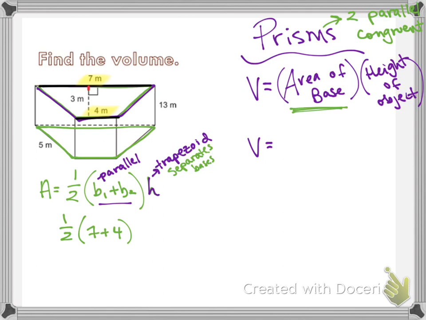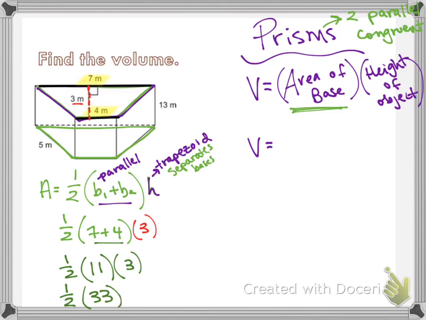You see this dotted line, it is the height, which is 3. You'll want to do PEMDAS, which means 7 plus 4, which is 11. It does not matter what order you multiply in. I'm going to do 11 times 3, which is 33. And then half of 33 is 16 and a half. So that is the area of the base.